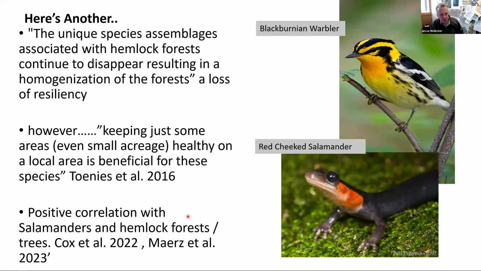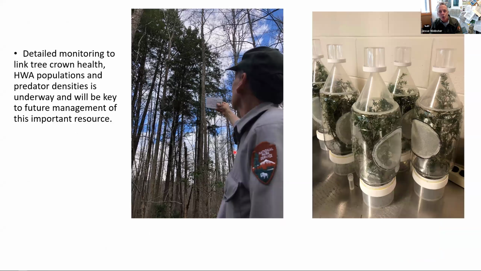In fact, there's a positive correlation with salamanders and hemlock forest, not just with hemlock forest, but with hemlock trees. We have a positive correlation with distance: as you get closer to some of these larger trees, you're more likely to find salamanders in those areas. And without that soil moisture and that beneficial hemlock forest, we're going to be losing those. So something to weigh in.